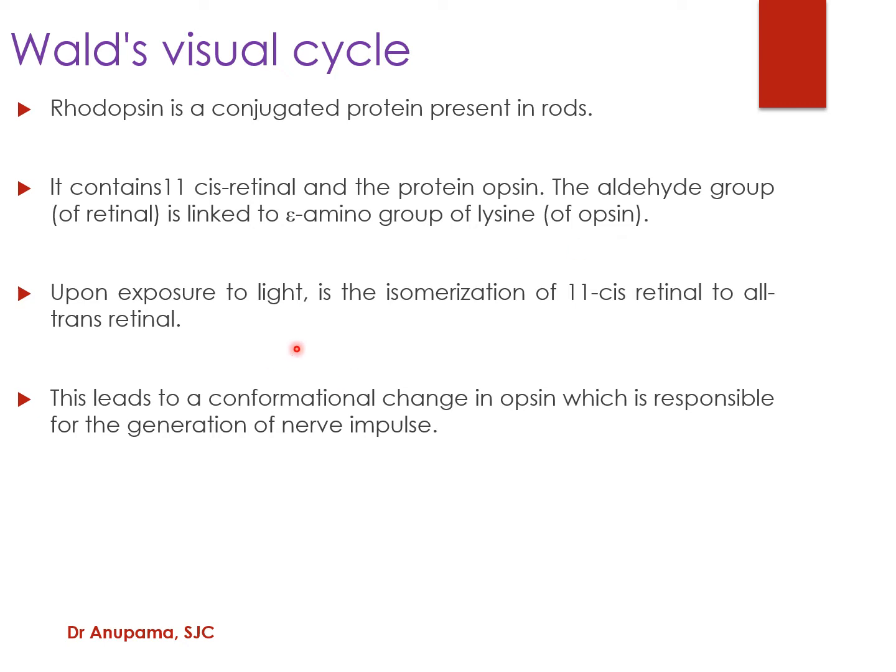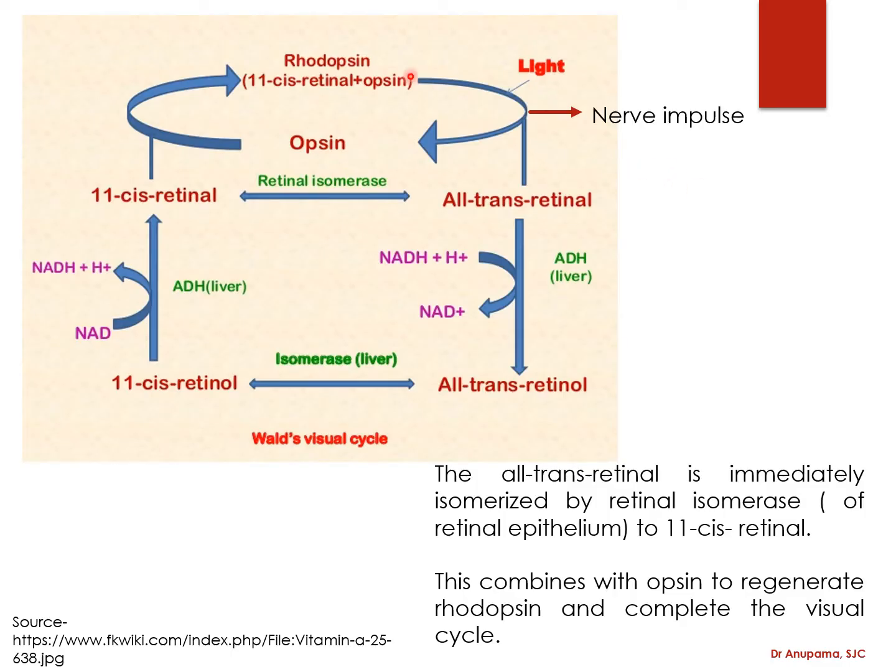Upon exposure to light, isomerization of 11-cis retinal to all-trans retinal takes place, and this leads to a conformational change in opsin, which is responsible for the generation of a nerve impulse. So here we have rhodopsin, upon exposure to light, converted to opsin, and we have all-trans retinal which is produced and nerve impulses generated over here.